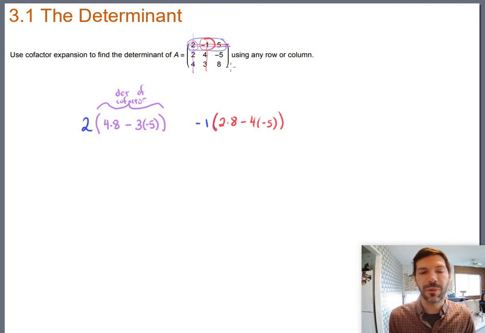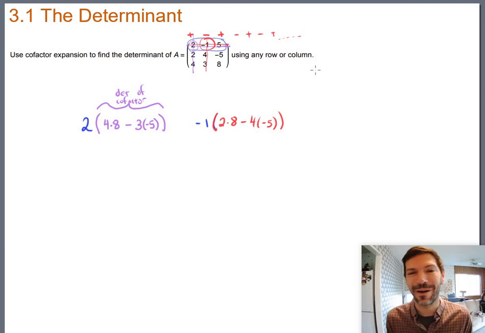There's one other important bit to mention, which is the cofactor expansion alternates signs. So the top left corner, that term, the 2, is always positive, and then the next term over, whichever direction you're going, is negative, and then the next term is positive, and if there were more, you'd go negative, positive, negative, positive, however big your row or your column is that you're using.